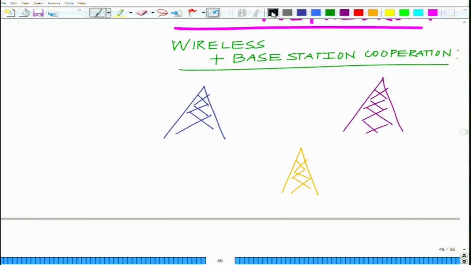So, each of these towers is, let us say, a base station, and you have a mobile that is being simultaneously served. In fact, you have several such mobiles being served.